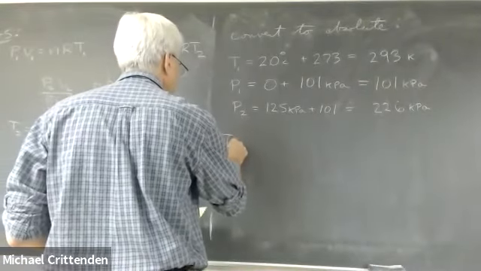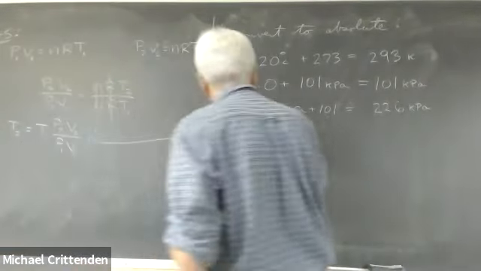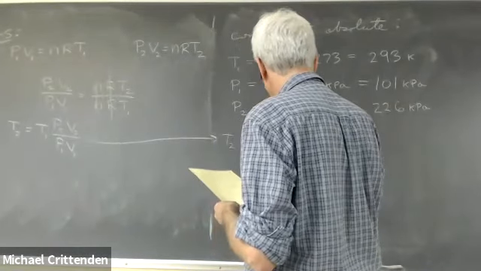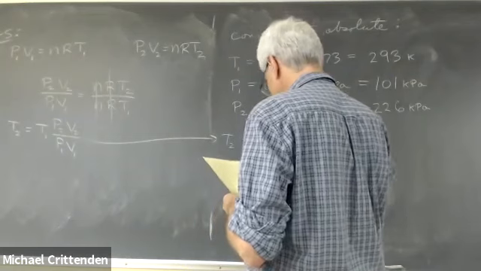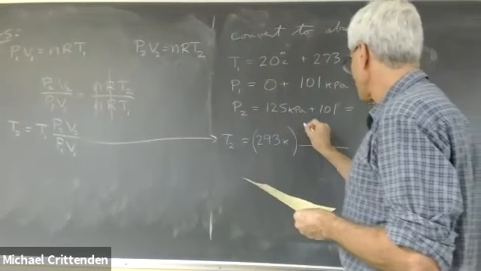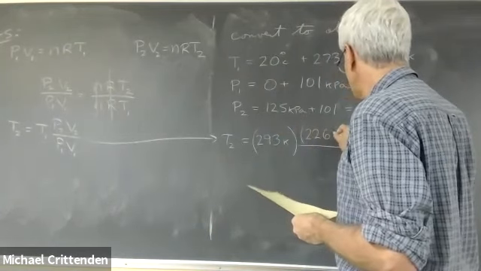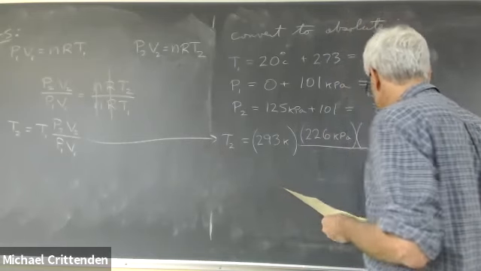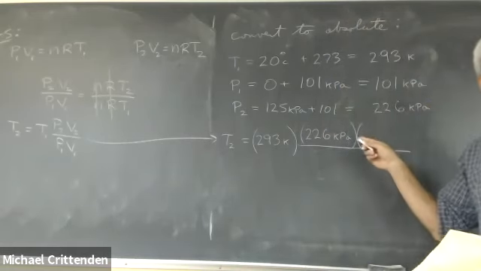So final temperature, T2, 293 kelvins. Final pressure, 226 kPa. You see that right on the side of your tires.